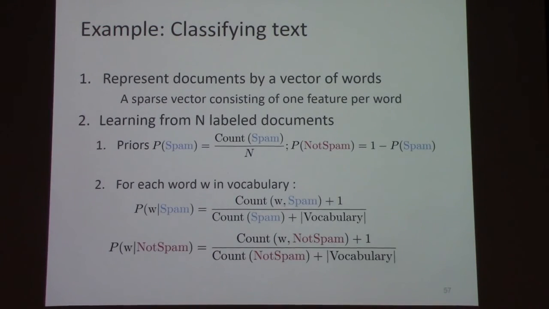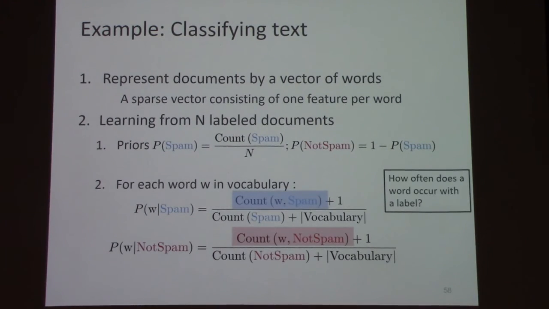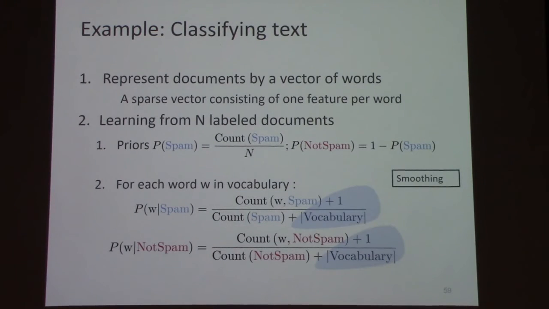If we use the features that I spoke about, where every word gets an indicator for whether it's present in the email or not, learning is fairly trivial. You count the number of times the word occurs in spam emails. So to learn the probability of a word given that the email is spam, you count the number of times the word occurs in a spam email, and you add 1. Why do I add 1 here? I don't like zeros. So basically, it's the smoothing.